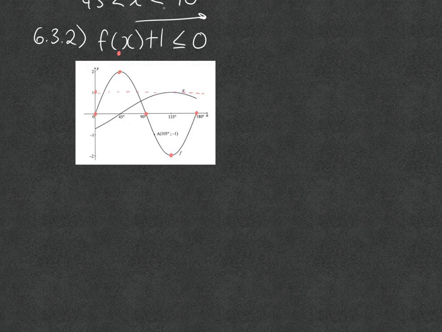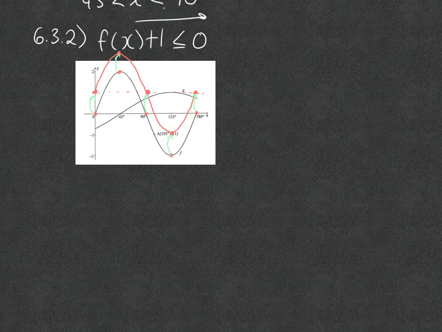So it would be going there now, there, here, and then up to my line again. So my new sine graph would look something like this. Okay, so does that all make sense? Everything has been shifted up by 1, so that's been shifted up by 1, up by 1, up by 1, up by 1, and up by 1.